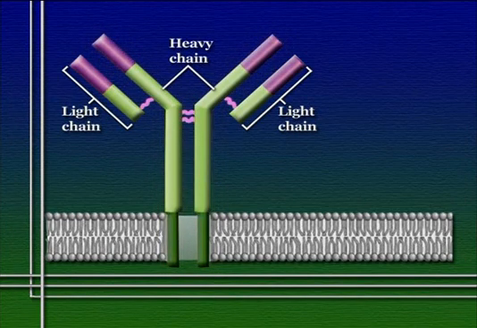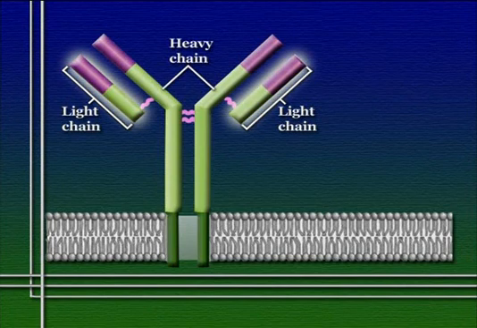You can imagine this, picture this as sort of 2 long proteins that are connected together along one half, and then on the other half they split apart, forming a Y-shaped structure. Now, those are the heavy chains that we're talking about. Now, on the arms of the Y, combining with the heavy chains are these 2 shorter light chains.